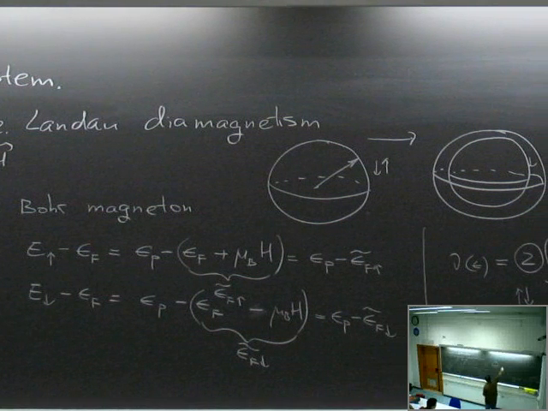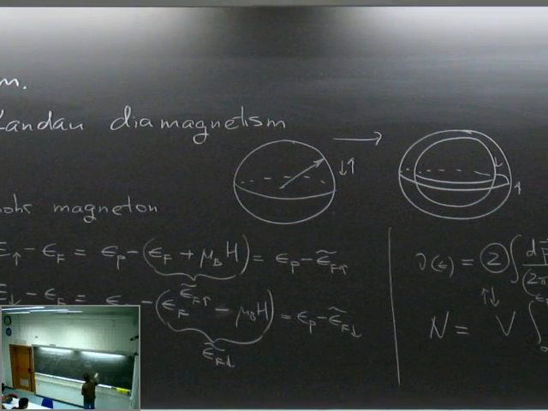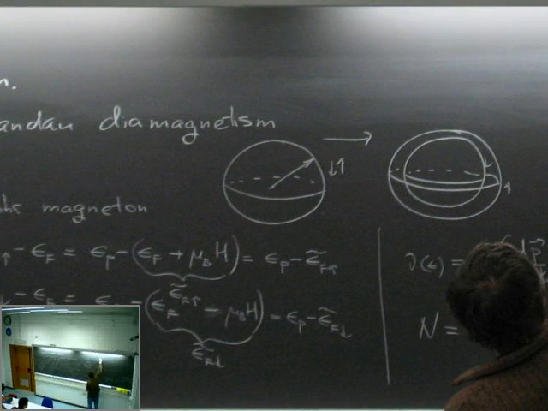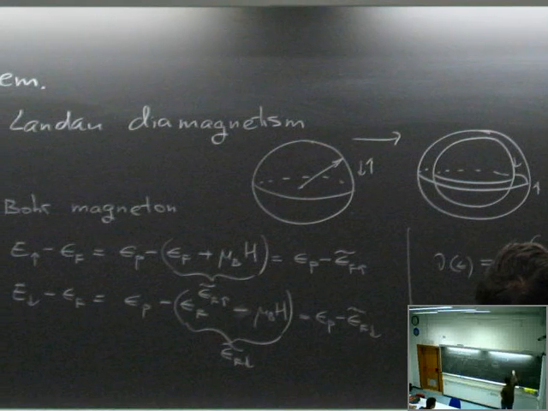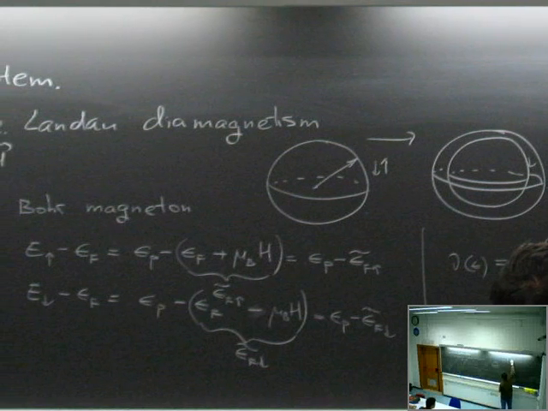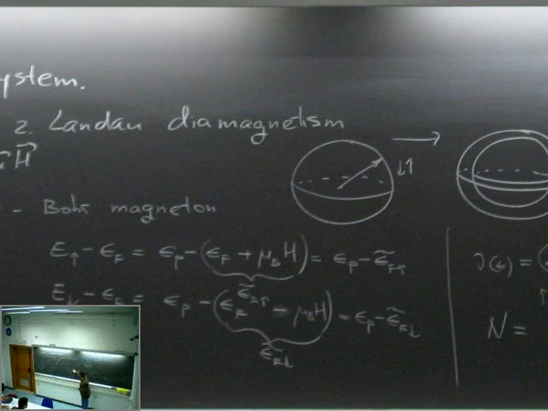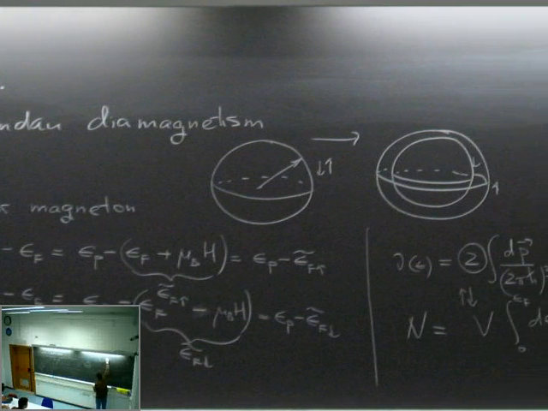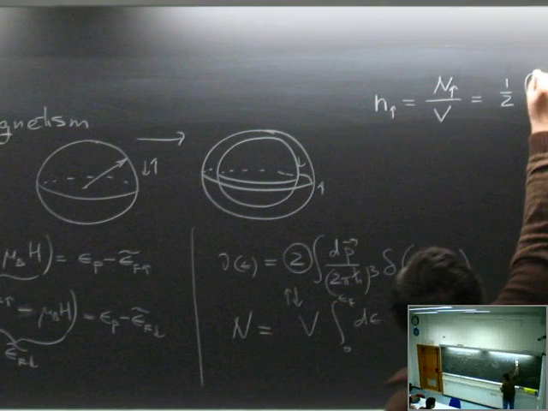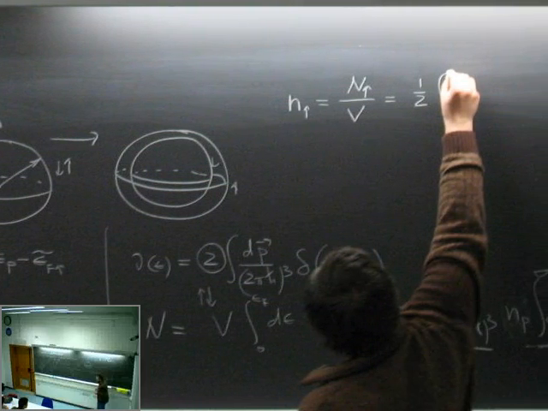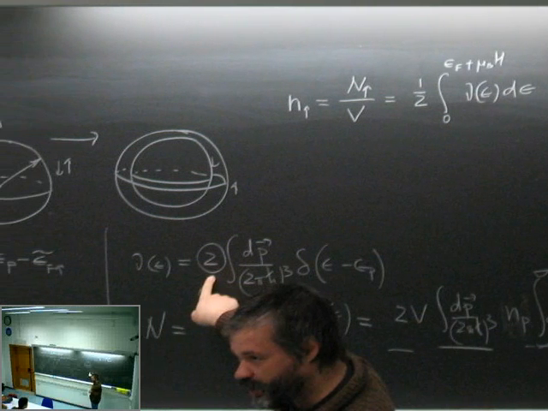So, the number of particles with spin up, and now I put little n, which is the total number of particles with spin up per volume, is equal to 1/2 integral from 0 to this Fermi energy. I will write EF plus mu bar H, mu of epsilon, d epsilon. Why 1/2? Because we defined our density of states as a sum over all projections.